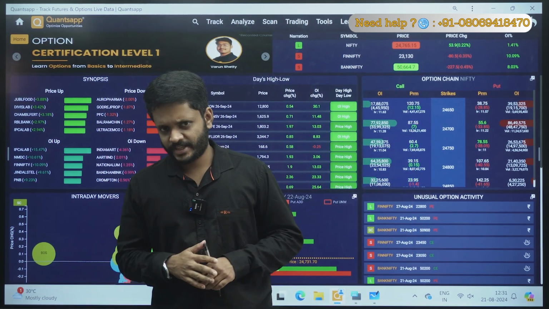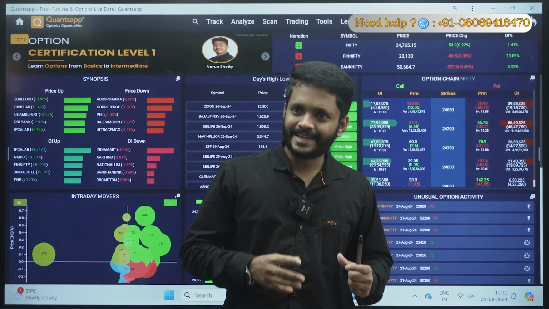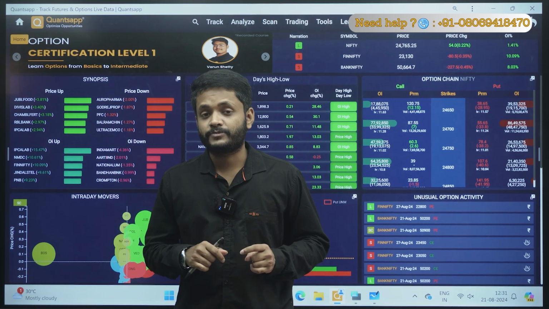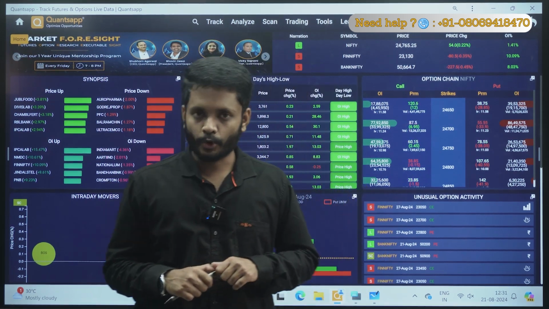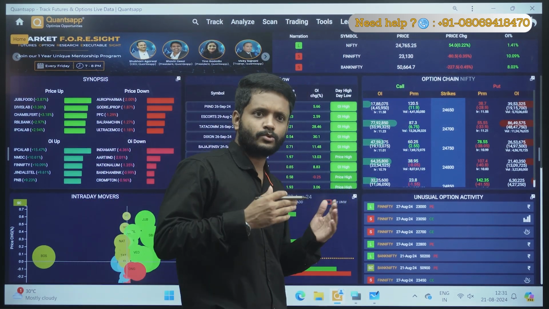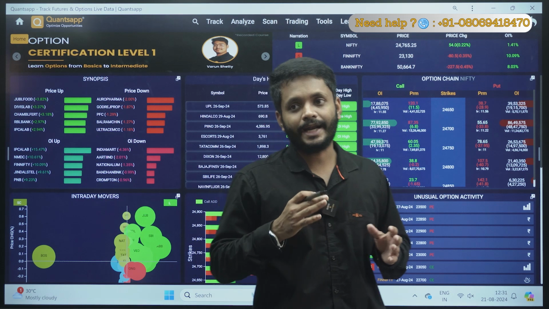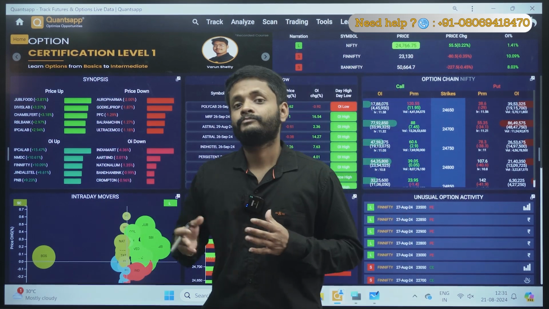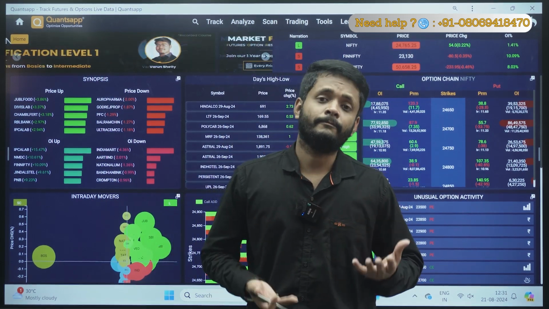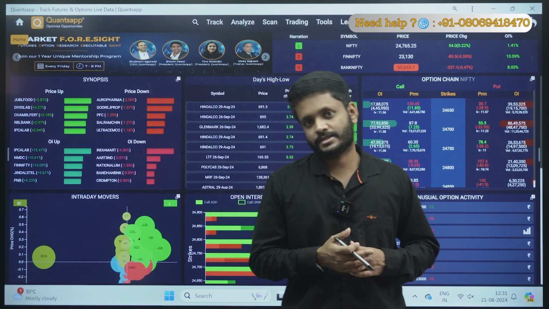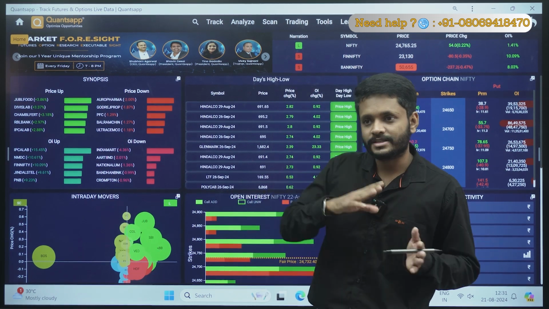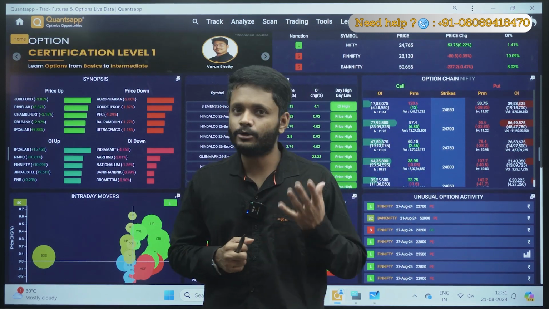As you might have seen in the thumbnail, today's topic is all about how to capture the reversals. Sometimes the stock is quite trending. At that time, how can we capture the reversals? Sometimes when the stock is in momentum, we are usually unable to capture the reversals.